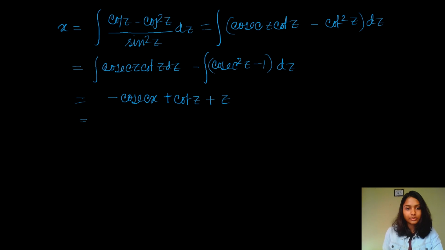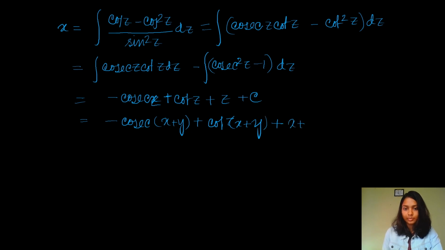So minus cosec of (x plus y), and there should be a c, plus cot of (x plus y) plus x plus y plus c.